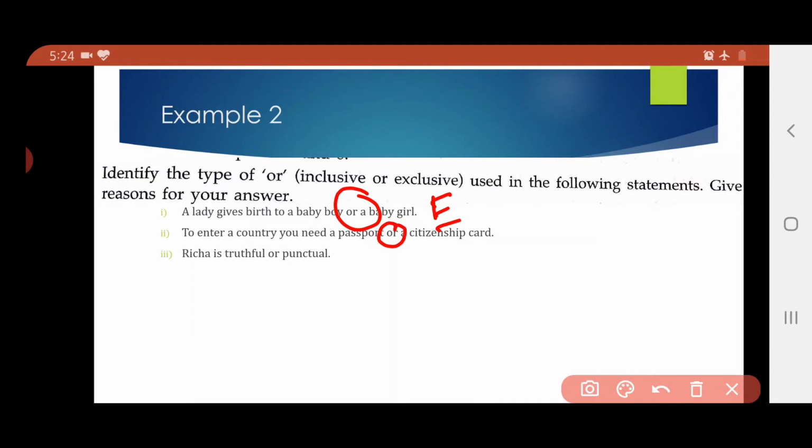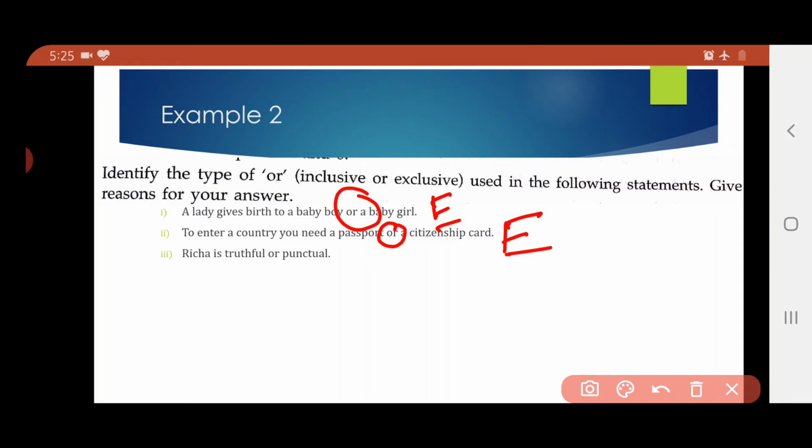So in any of the two cases, having a passport and having a citizenship are not simultaneously possible. So therefore it is an exclusive case. So therefore again this is E.